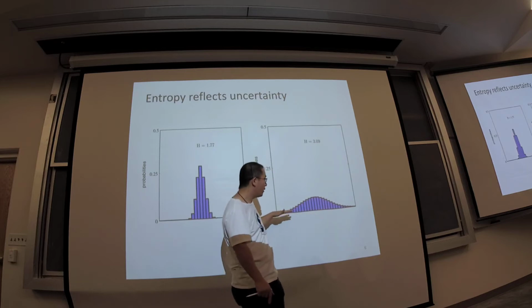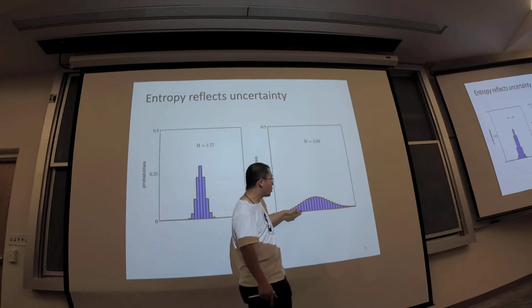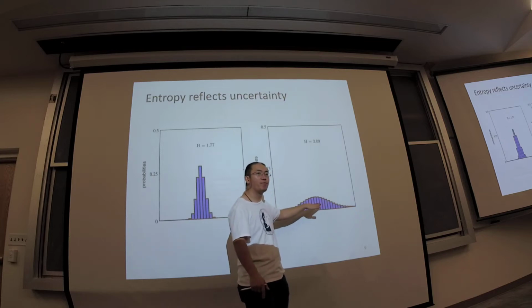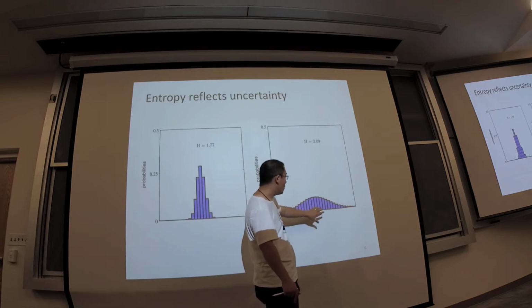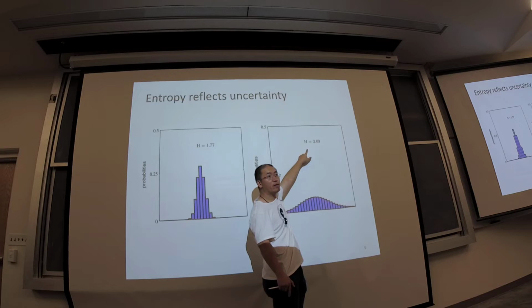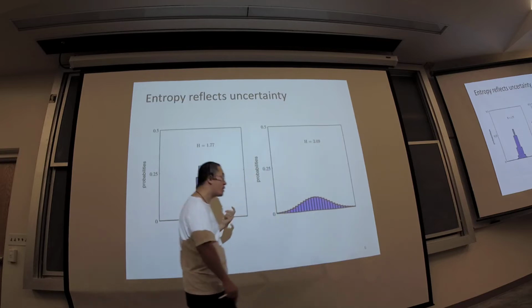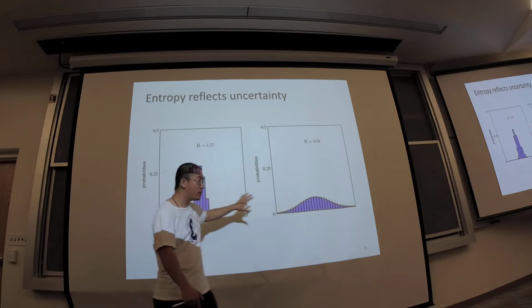If the probability masses of your random variable are spread out, not significantly different over the choices of different values, and you calculate the entropy of this distribution, you get a much larger entropy, 3.0.